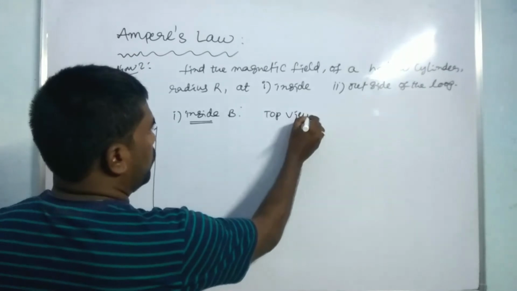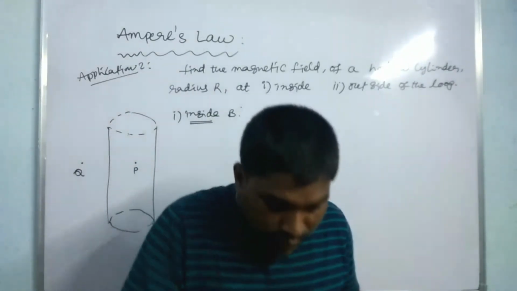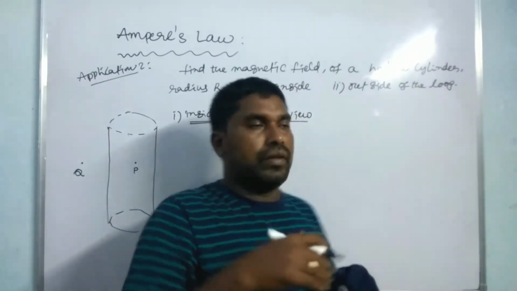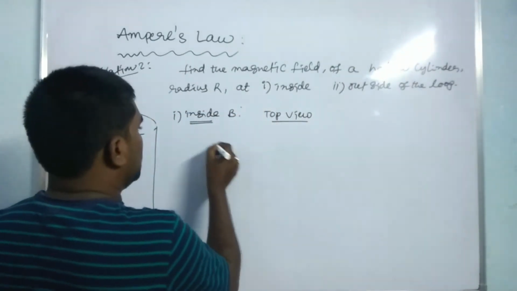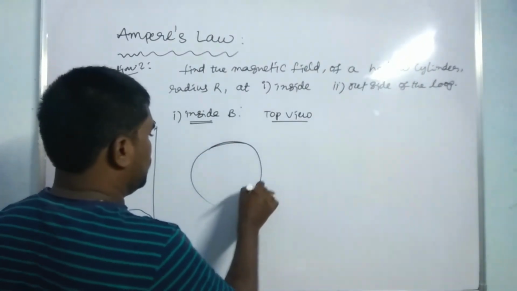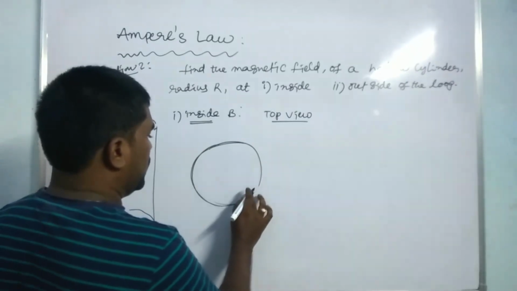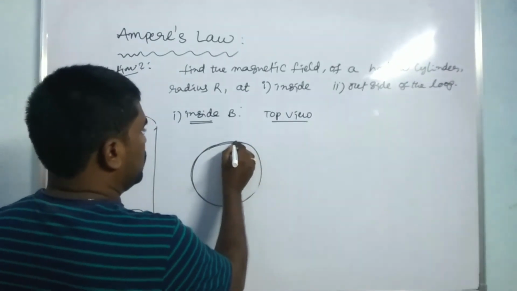So let us write top view. Here there is a cylinder, and we have to see it in the top view. This is the top view of the cylinder which I have drawn.